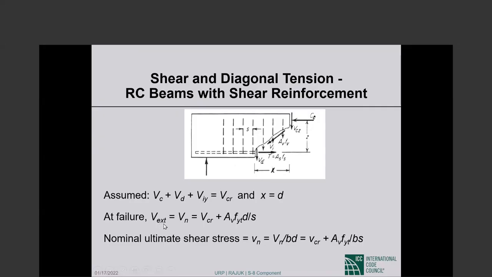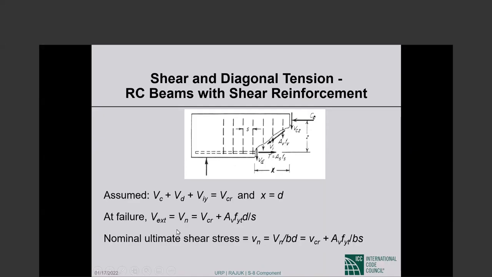At failure, the external shear is the nominal shear strength. Okay, that's what nominal strength means. At that shear, we have shear failure.